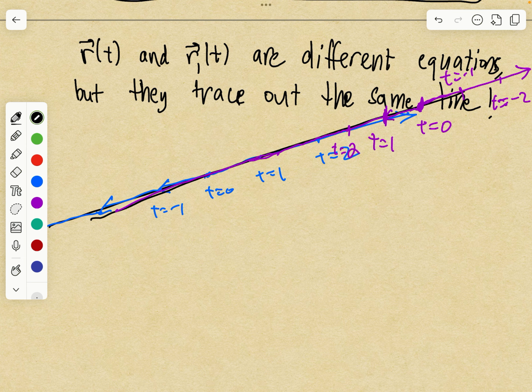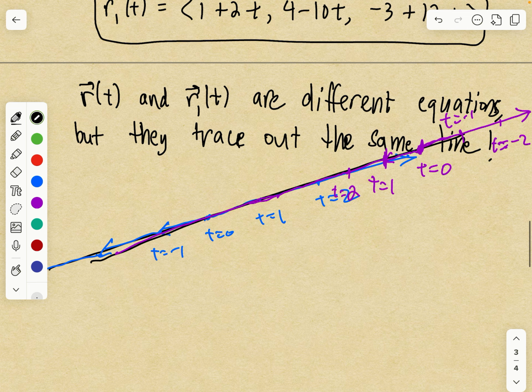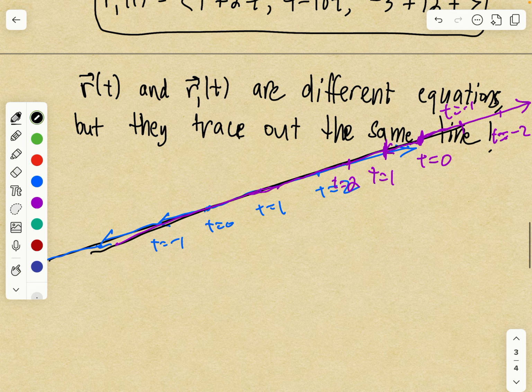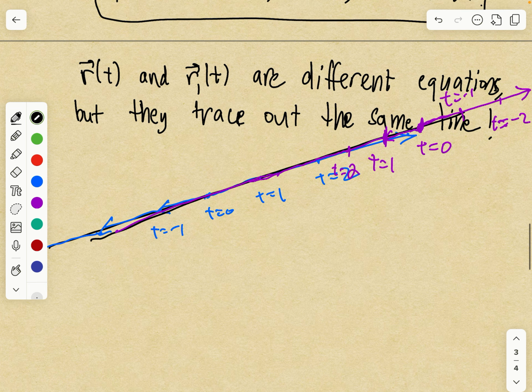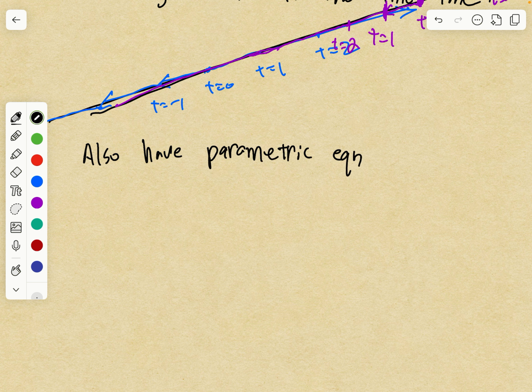So let's try to connect. This is different than the y equals mx plus b when you have a line in 2D. But you also have parametric equations for lines in 2D.